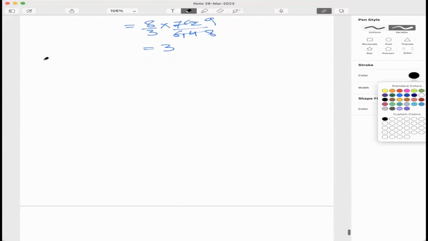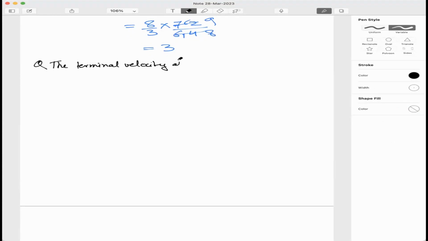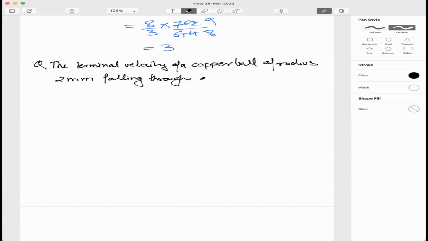Let's take one more simple question. The terminal velocity of a copper ball of radius 2 mm falling into a tank of oil at 20 degrees centigrade is 6.5 centimeter per second.